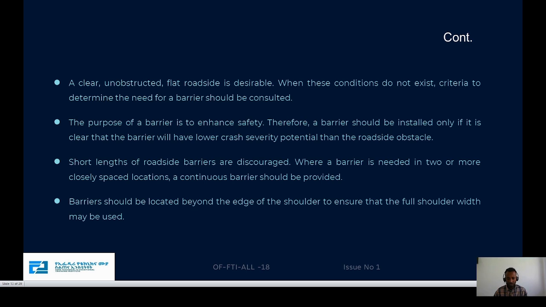For example, when vehicles leave the roadway and there is a presence of barriers, there is less crash severity potential. Short lengths of roadside barriers are discouraged, so it is recommended that a continuous barrier should be provided.